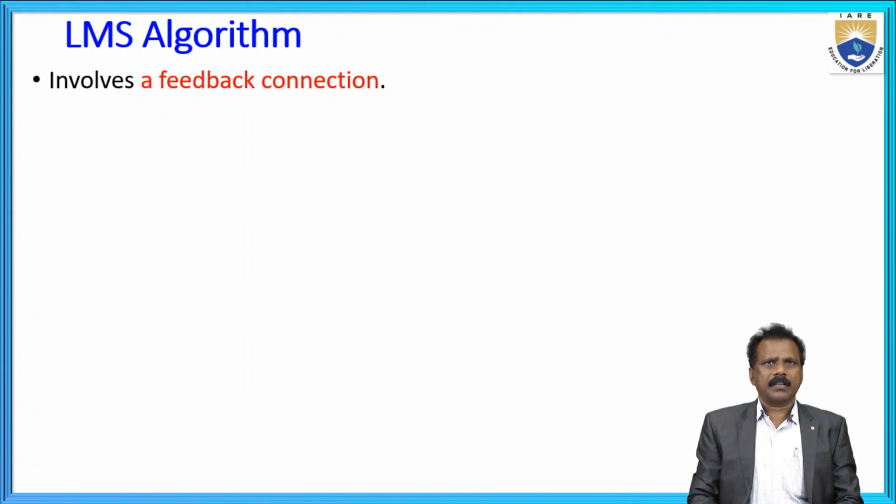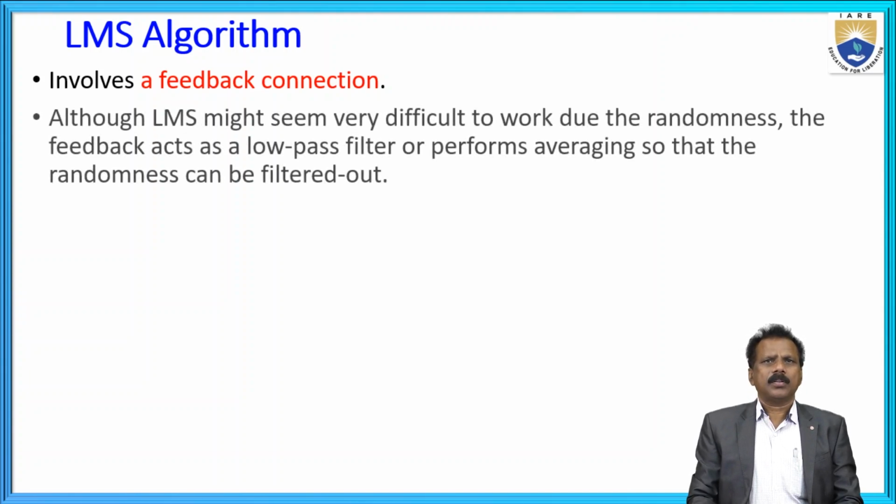Although LMS might seem very difficult to work with due to randomness, the feedback acts as a low pass filter and performs averaging so that the randomness can be filtered out.